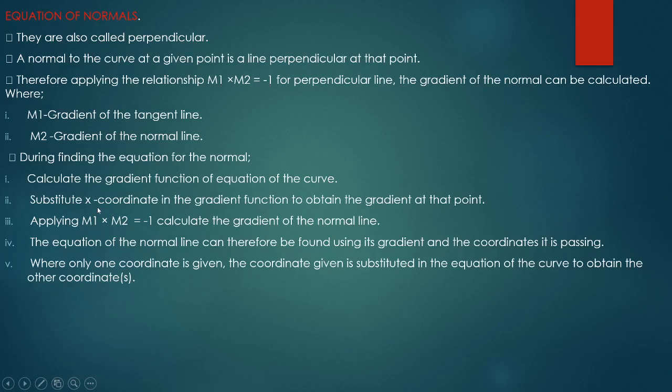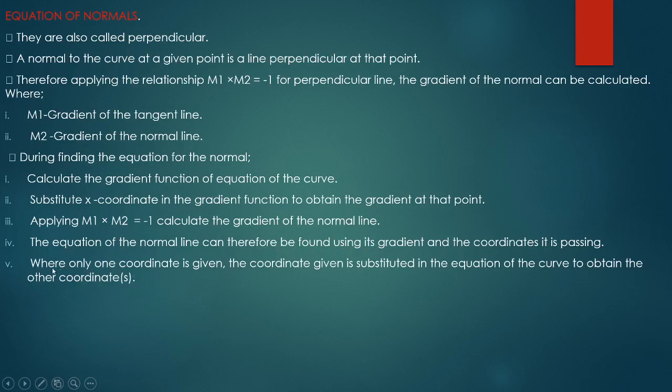Remember, the gradient of the curve will be the same as the gradient of the tangent at that point. So we substitute the x coordinate in the gradient function to obtain the gradient at that point. And applying m1 times m2 equals negative 1, we shall be able to calculate the gradient of the normal line. Then the equation of the normal line can be found using the gradient and the coordinates where it is passing.